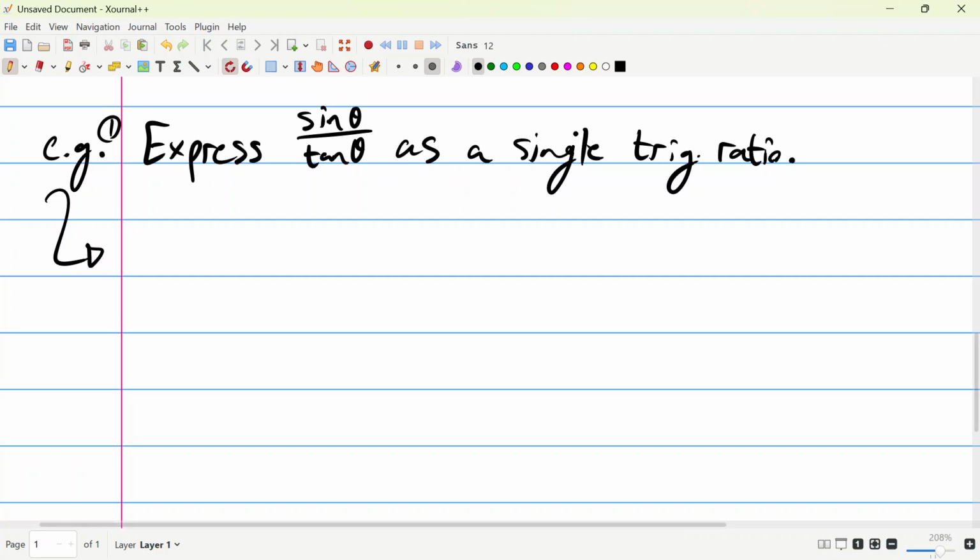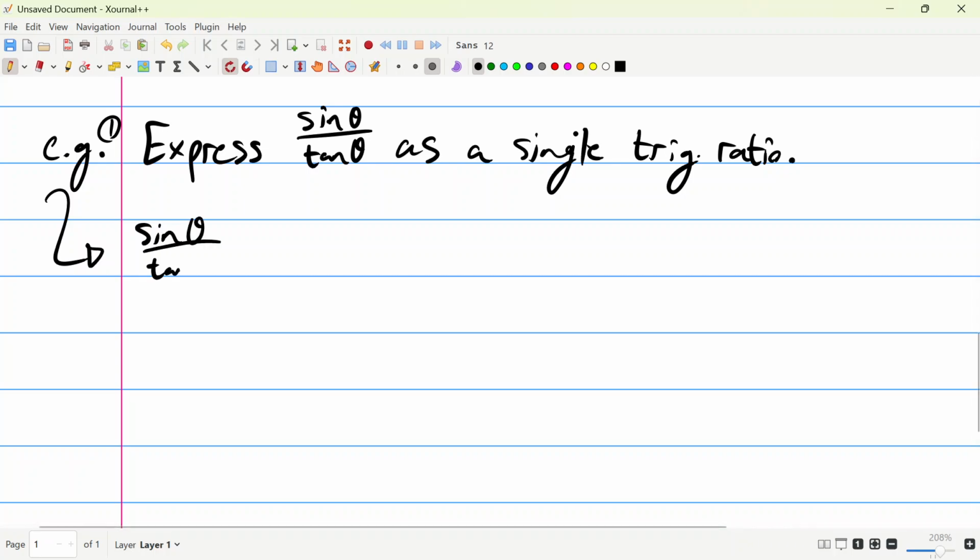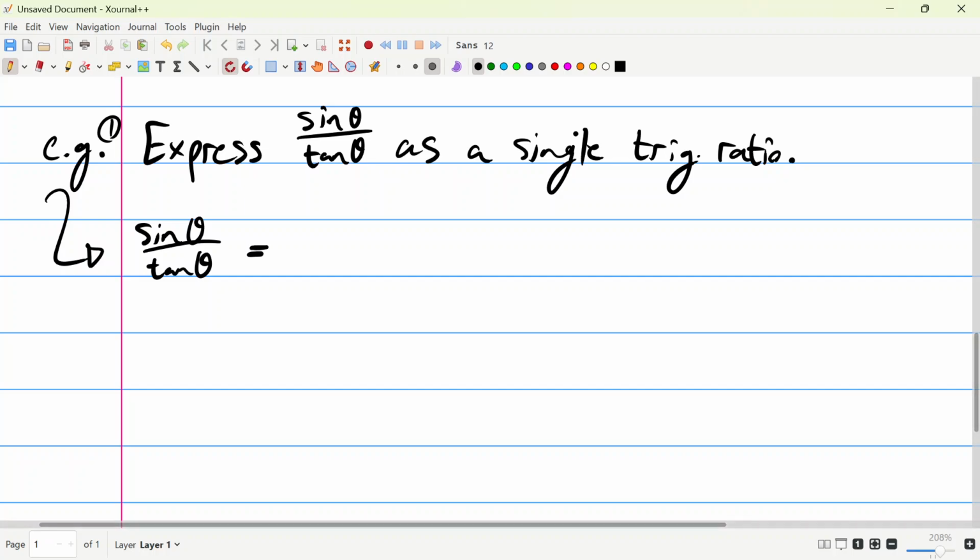So first things first, we are starting off with sine theta divided by tan theta, right? And notice that our first identity that we know about is the tan theta identity, which is equal to sine theta over cos theta, right? That's what we can really do. There's nothing else that we can really do from here. So usually you would want to actually run through your options. I know when you're in an examination, you're like, oh shoot, but which one should I do exactly?